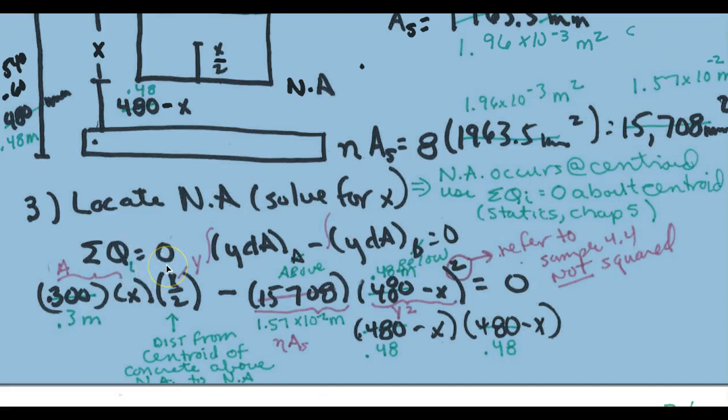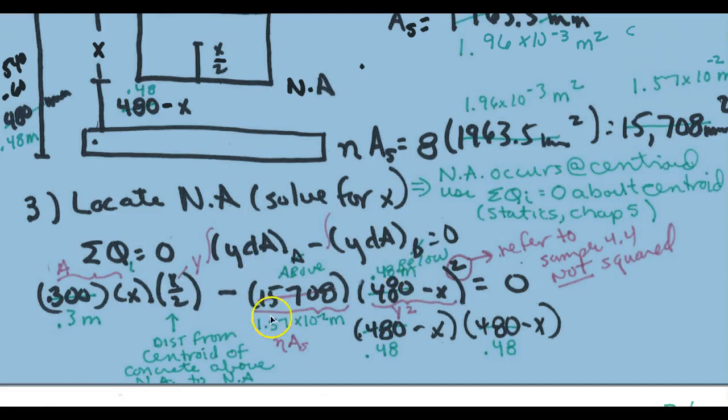So in this case, for sections like this, the neutral axis is located at the centroid. So I take the first moment of area above the neutral axis, which is the area, 0.3 times x, of the concrete block, times y, which is the distance from the centroid of that area to the neutral axis, so it's x over 2.